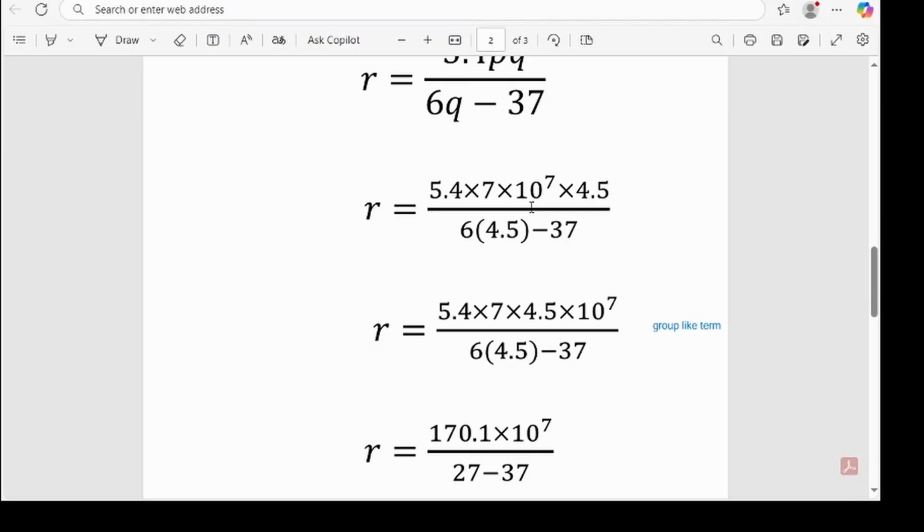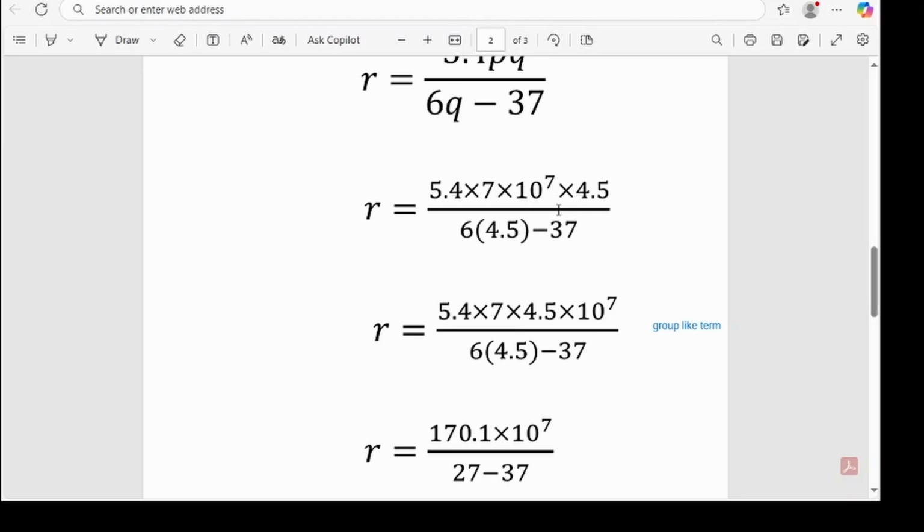So in standard form, the base is always 10 and the power or the exponent is the number that indicates how many times 10 is multiplied by itself, okay?